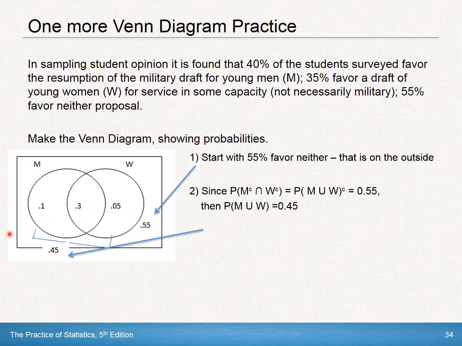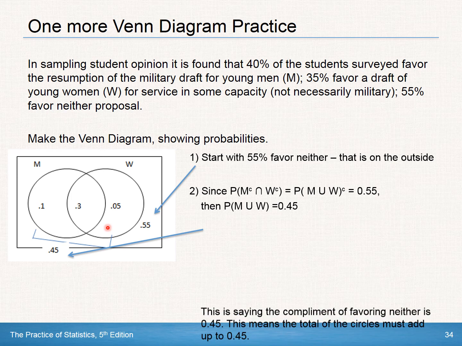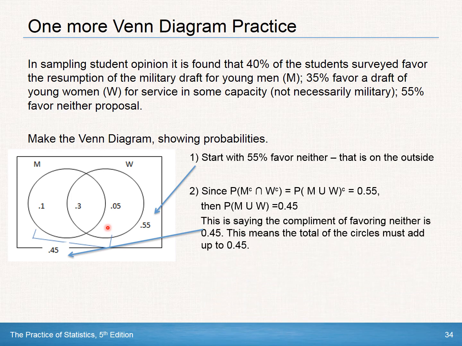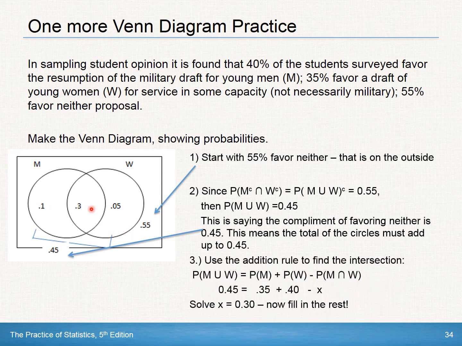Okay, so they favor men or women, that's 45%. This is saying the complement of favoring neither is 45. This means that the total inside the circles must add up to 45%. So how can we do that? Oh, let's find our OR rule for the intersection. So the probability that they favor men or women is the probability of men plus the probability of women minus the intersection.